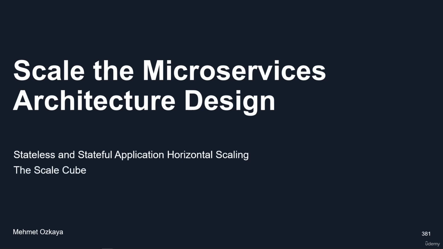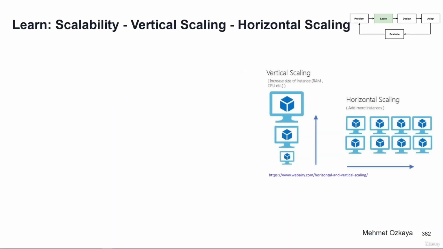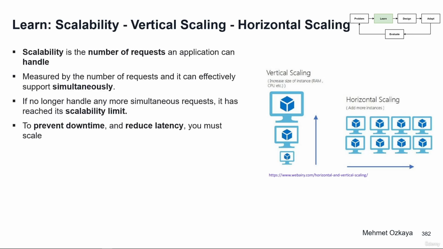Before that, let's remember what is scalability and vertical and horizontal scaling. As you know, in the first section, we understood what is scalability and how to do vertical and horizontal scaling. So scalability is the number of requests an application can handle when your business grows. In order to prevent downtime and reduce latency, we have to scale our resources accordingly.